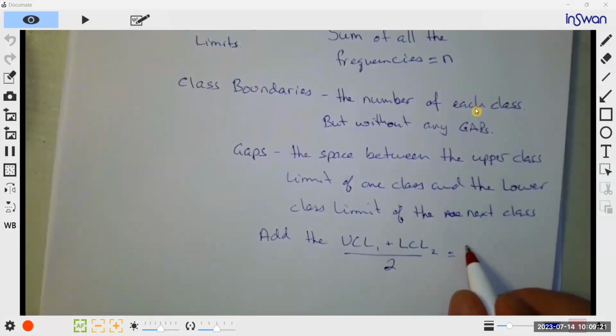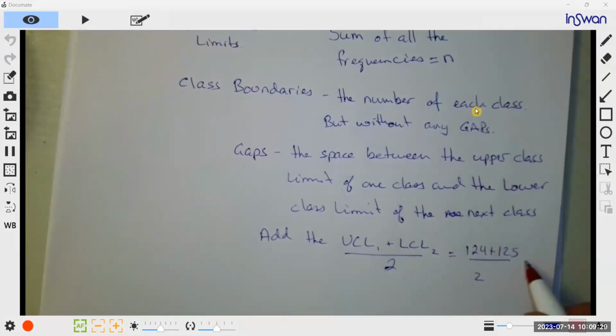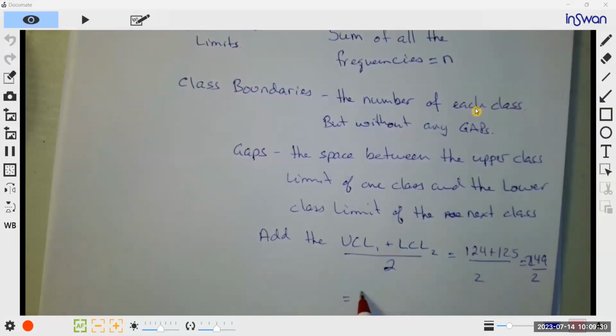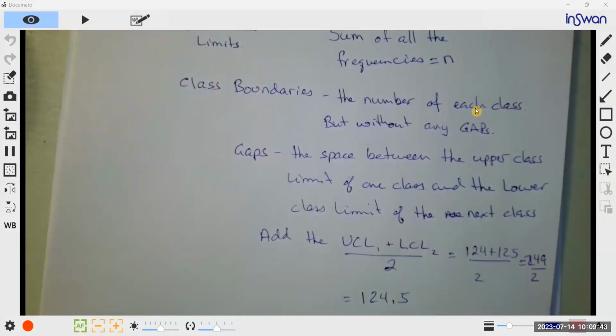So it gives us 124 plus 125 makes 249, divided by 2 is 124.5.